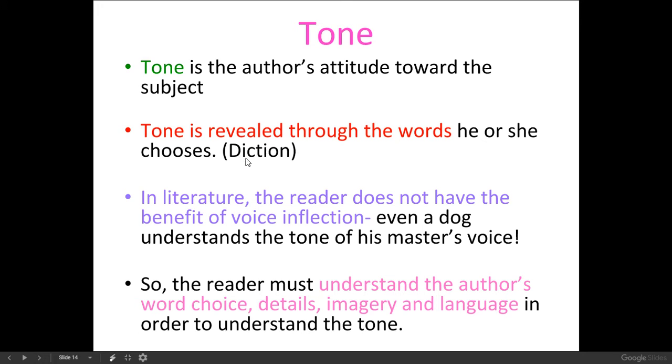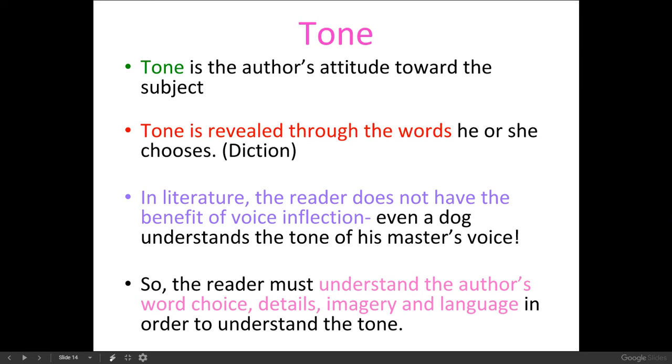Tone is revealed through diction, the word choice the author uses. In literature, the reader does not have the benefit of voice inflection. Even a dog understands the tone of his master's voice. So I can change my tone through my inflection, but you can't do that while you're reading and typing. And so authors choose words that help create a feeling in the novel.